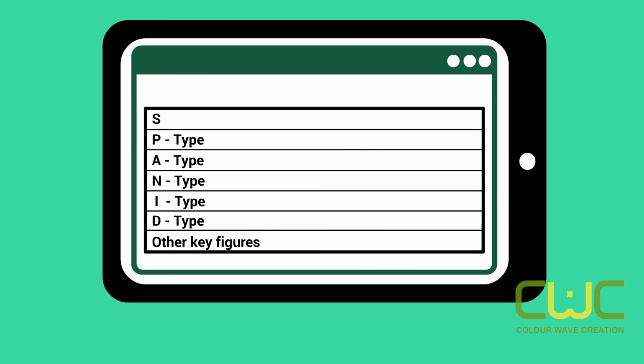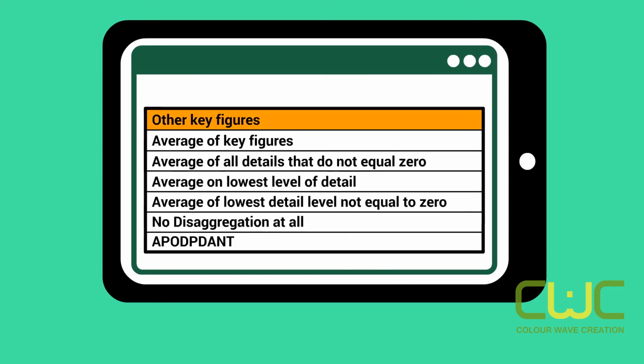The default method of disaggregation is on a pro rata basis, called S. There are some other methods of disaggregation in SAP SCM, such as P-type, A-type, N-type, and so on. Other than pro rata basis, disaggregation can be based on other key figures, average of key figures, average of all details that do not equal 0, average on lowest level of detail, average of lowest detail level not equal to 0, no disaggregation at all.